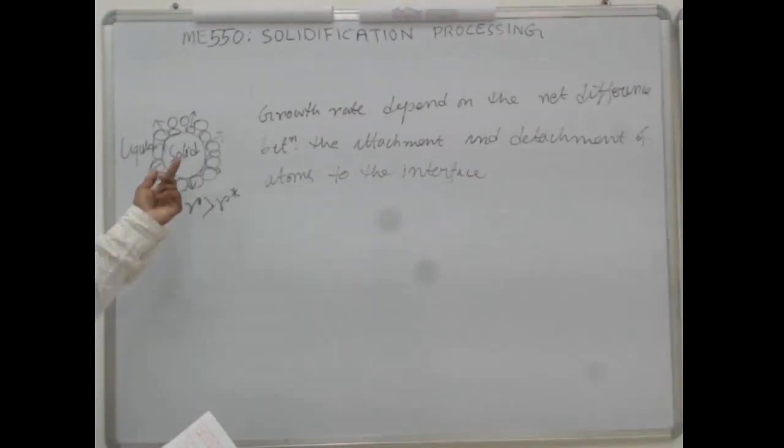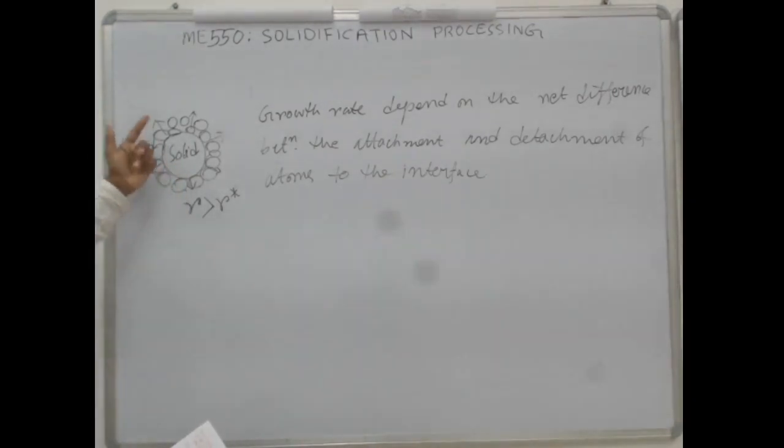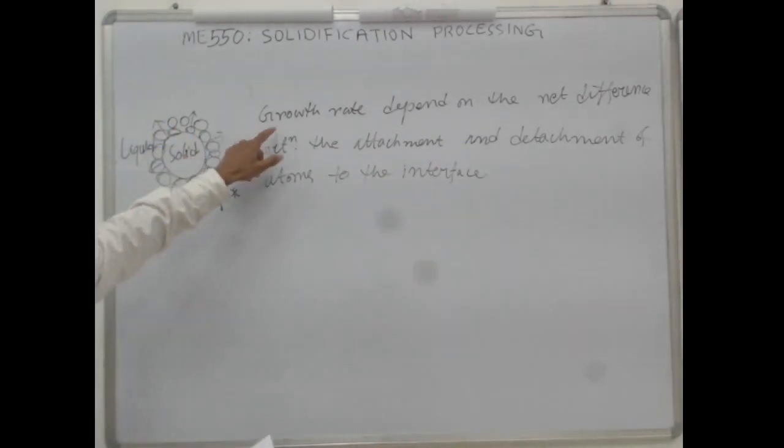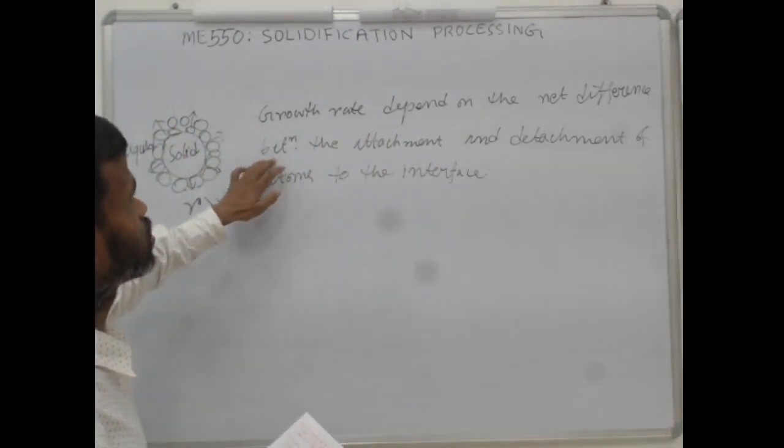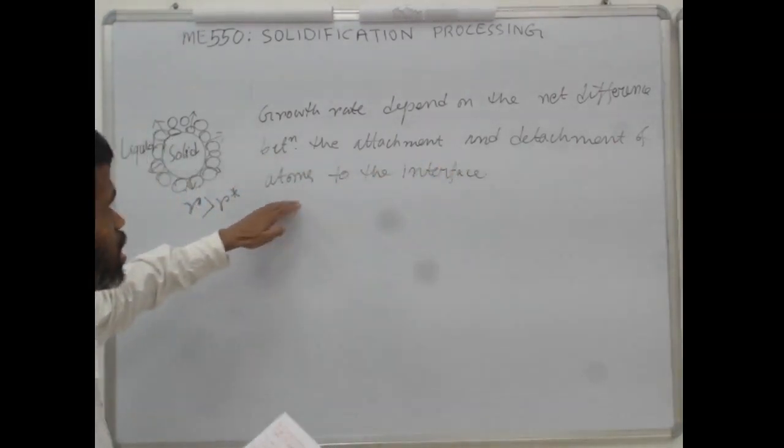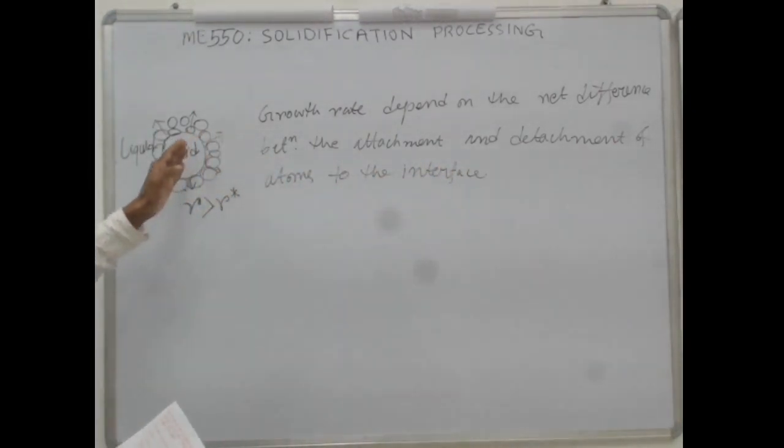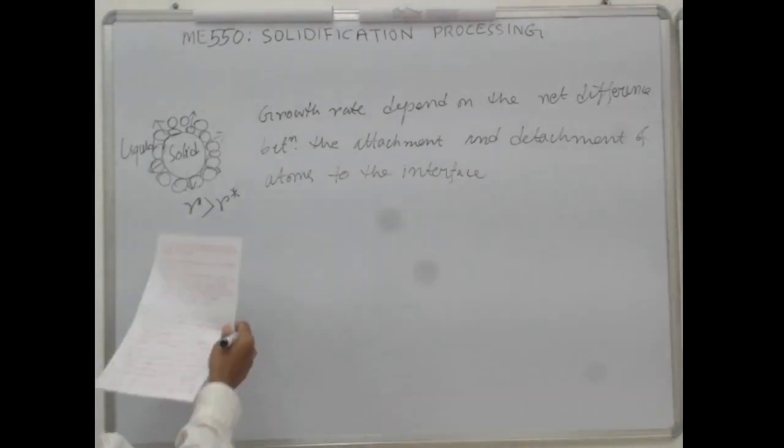So the growth rate of the nucleus during solidification will depend on the net difference between the attachment and detachment of atoms from liquid to the interface. So it will depend on the rate at which the attachment is actually taking place.